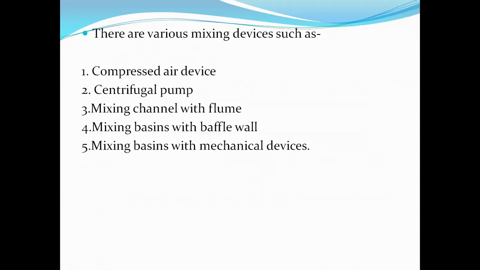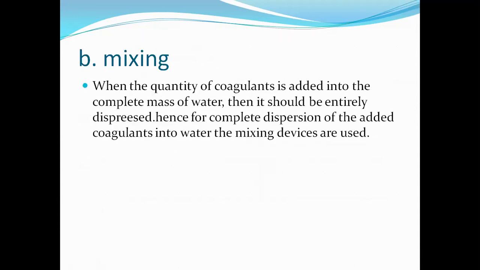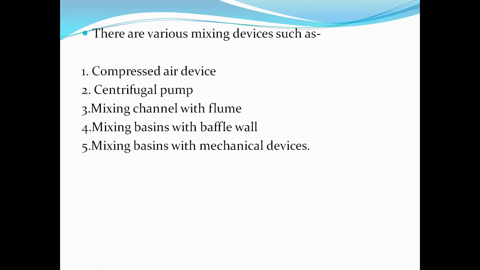Hope you all get this mixing process, that is mixing of coagulant into the flowing water with the help of devices. Now there are various devices which can be used for mixing of water. First is the compressed air device.